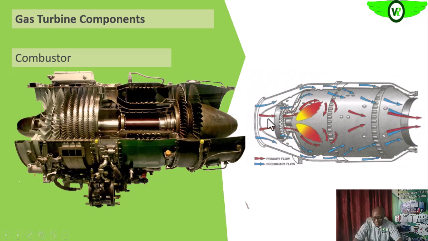So here it is. You see the primary air coming into the combustion section through the burner, the fuel nozzle. So it is burnt here, and then the secondary air mixes with it to cool it and also cool the jacket. Are we getting it?